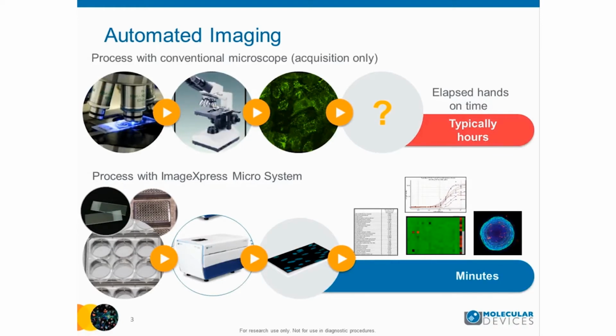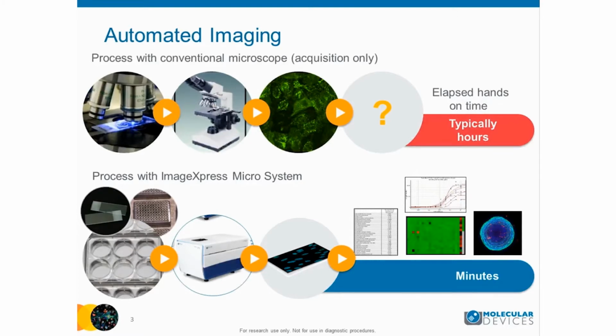So I'm going to transition over and talk to you a little about the two or three technologies used in this presentation. The first is automated imaging. You can do imaging on a conventional microscope, and there's a manual process of putting your samples on the slide, putting it under a microscope, taking a picture, and then trying to figure out how to make measurements of that picture, and that usually takes you hours.